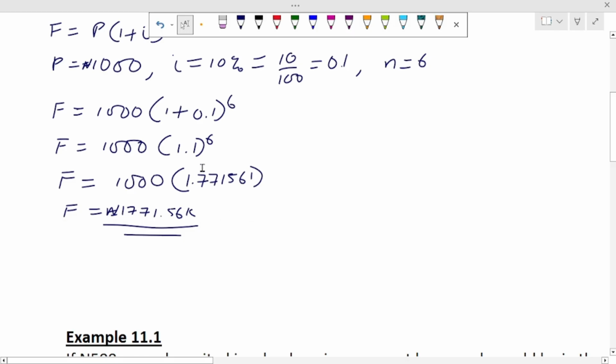Now if you observe, I left my 6 decimal places, so that at least when I multiply by the 1,000, I will still have the kobo. If you approximate too early, you will not get the value of the kobo.